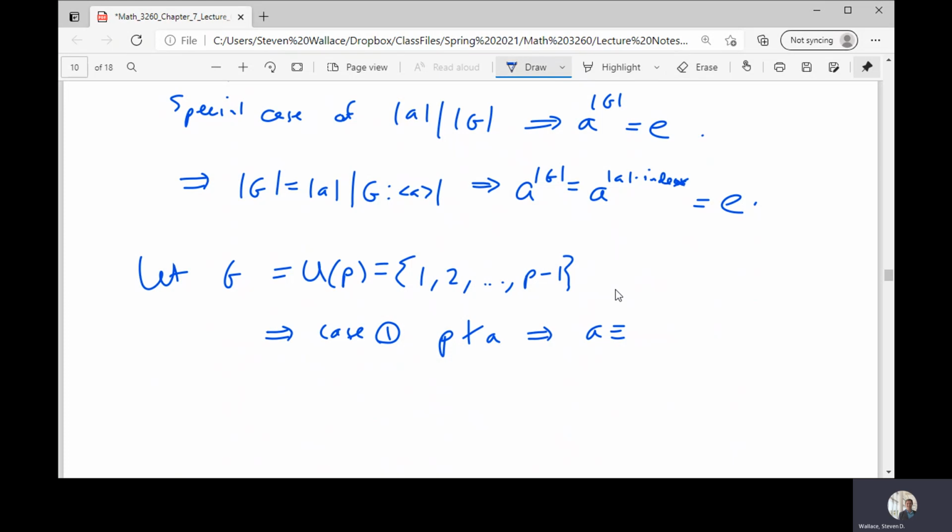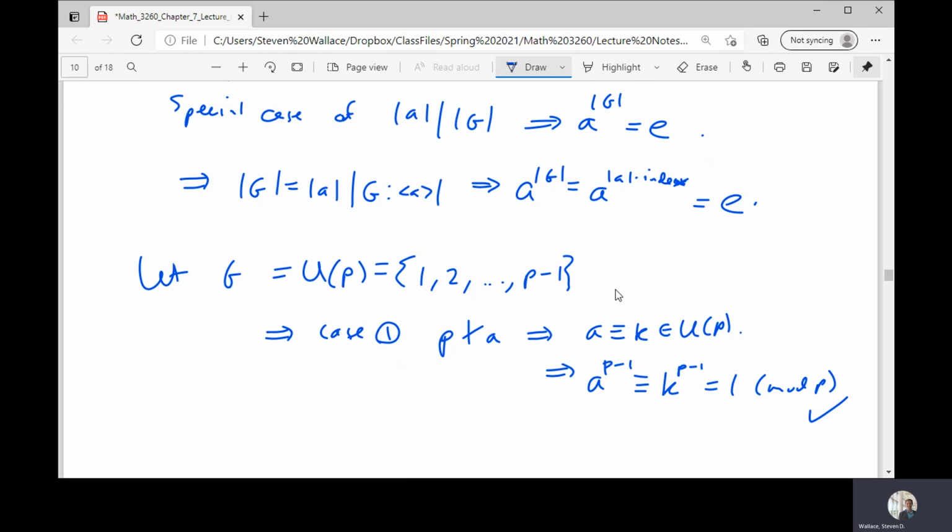A is congruent to something in the unitary group, right? Which means that A to the P minus 1 is equal to K to the P minus 1, which is 1 mod P. And that's what we need, right? Then multiply everything by A again. You get what you need.